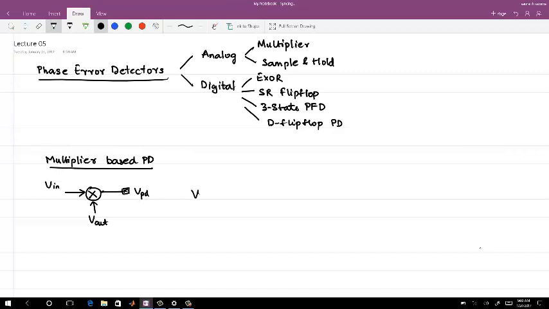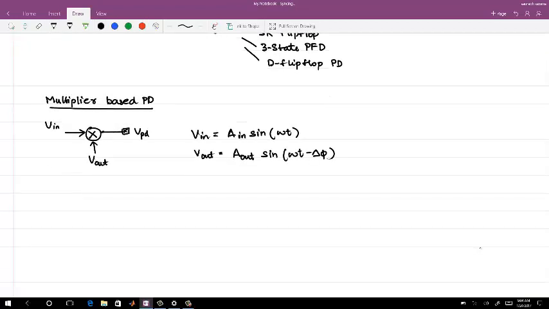Now here the signal V in is an analog signal, A in sine of omega t, and V out is also an analog signal, A out sine of omega t minus delta phi. Let me just say delta phi is the phase difference between the two.